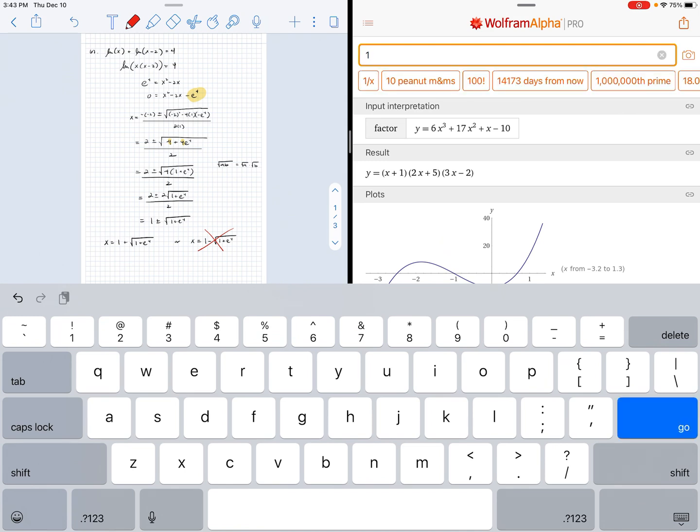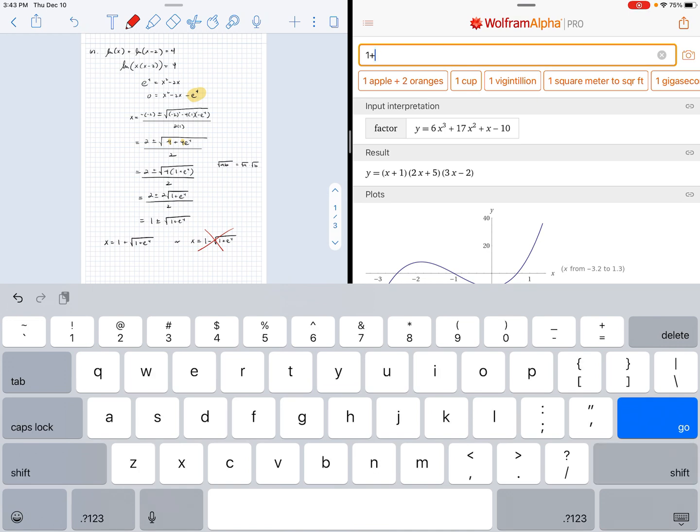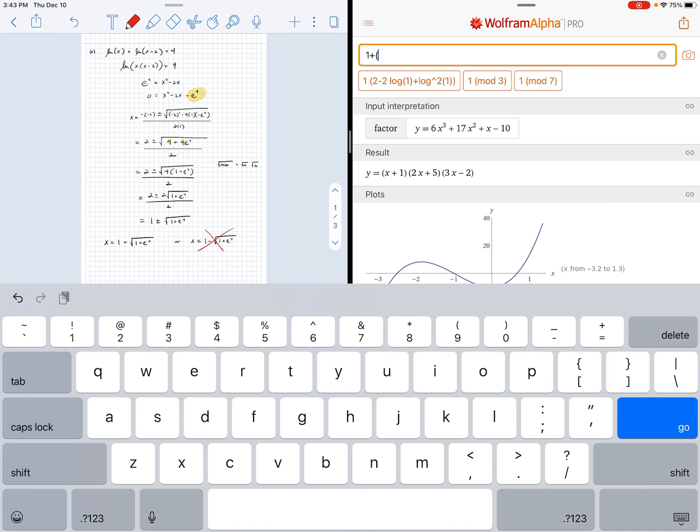So 1 plus the square root, is there a square root? I can also type that as the 1/2 power.